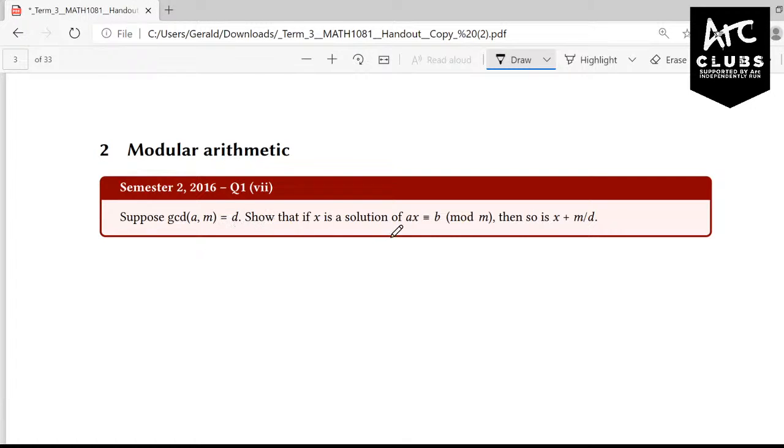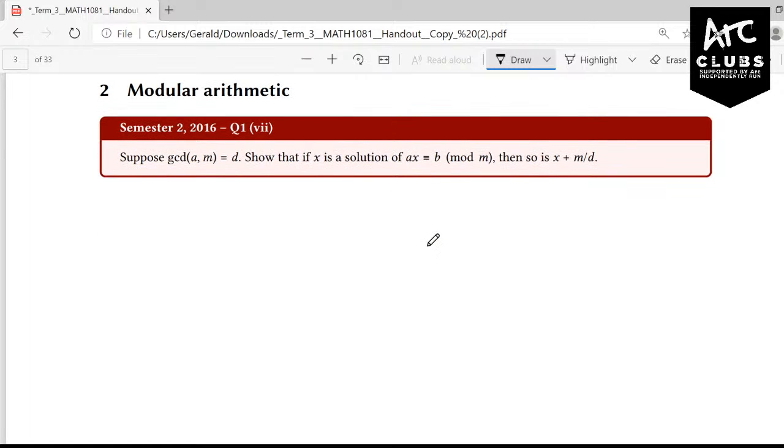If x is a solution to this congruence relation, then so is x plus m over d. The first thing I look at whenever I do this question is that all we know is some sort of information about x, namely that x is a solution to this congruence relation.